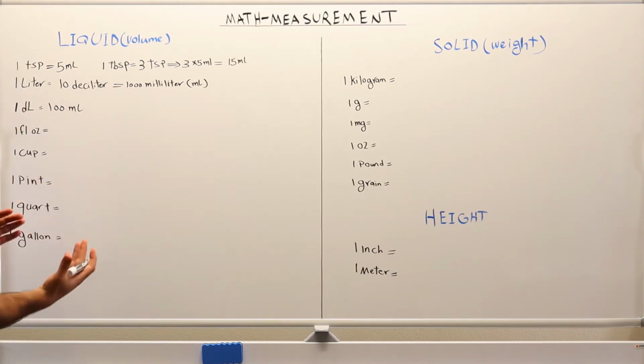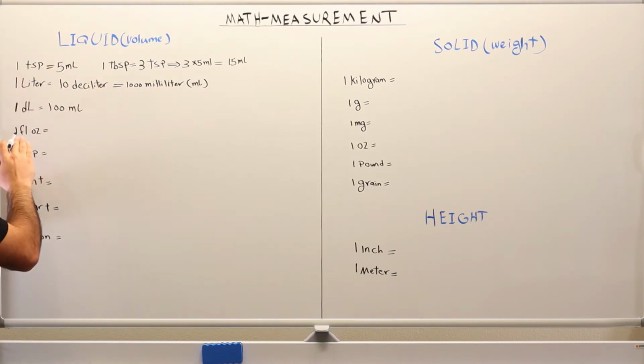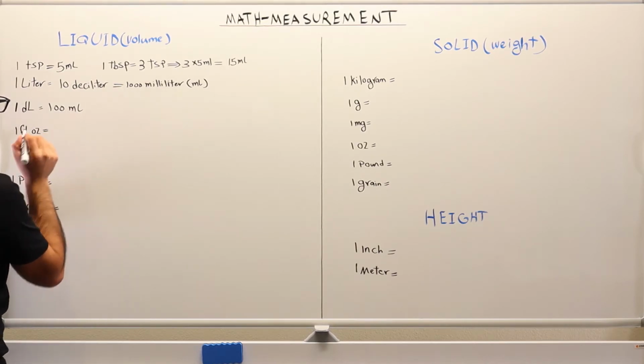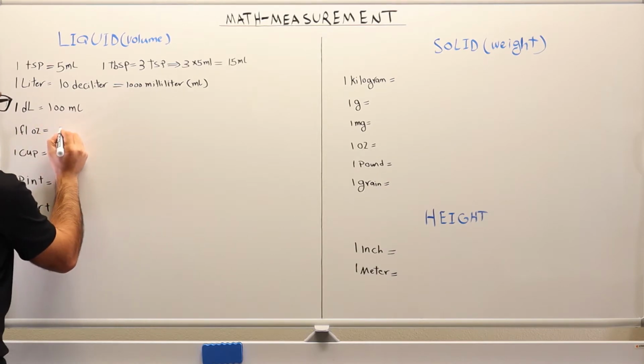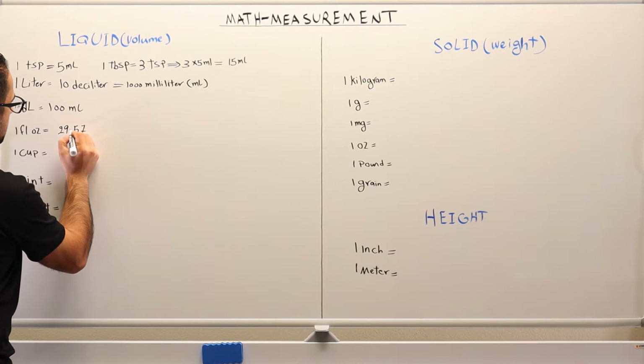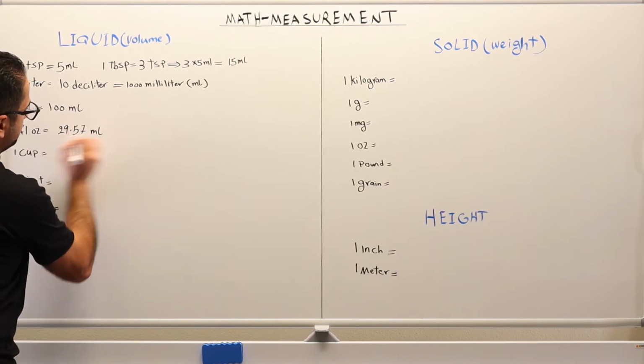So another unit for liquid volume is fluid ounces. A fluid ounce is actually equal to 29.57 milliliters.